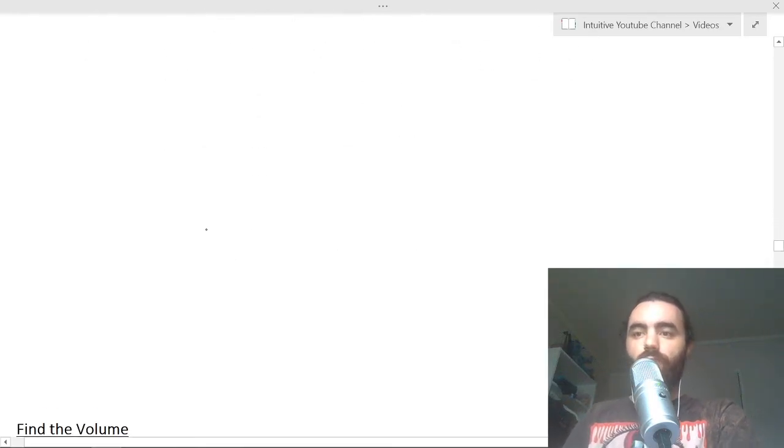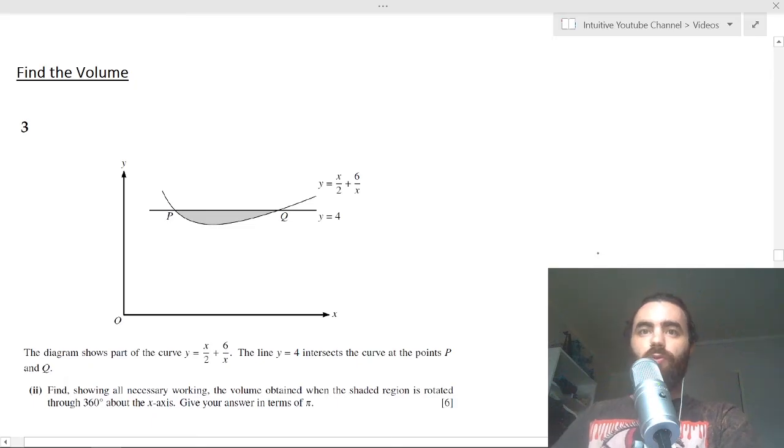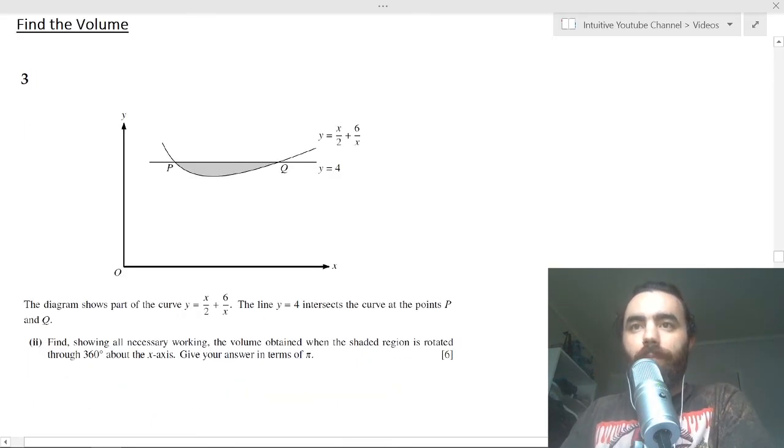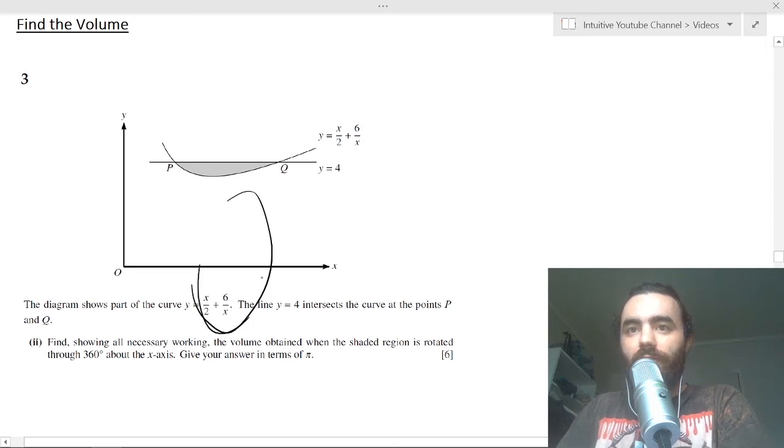Okay, now we can move to the volume. We are given a curve and a line, and it wants us to find the volume obtained when it's rotated 360 degrees about the x-axis.